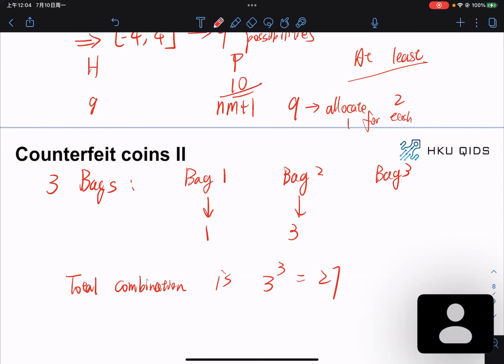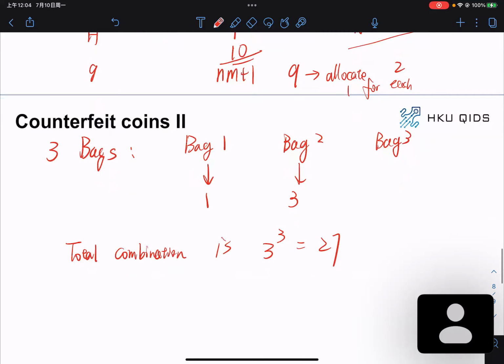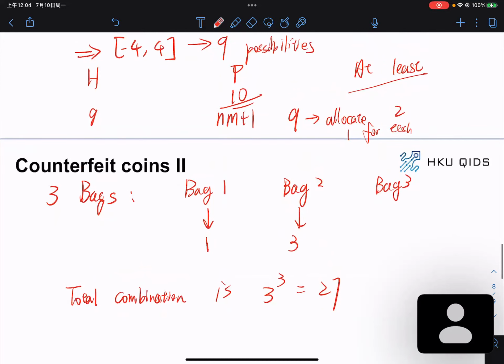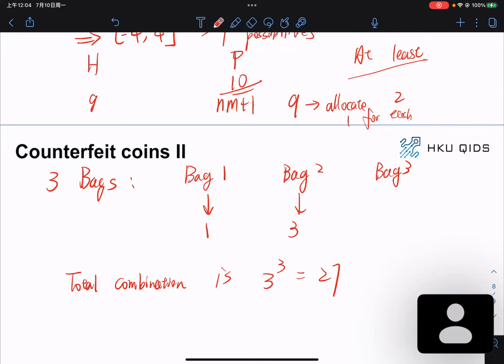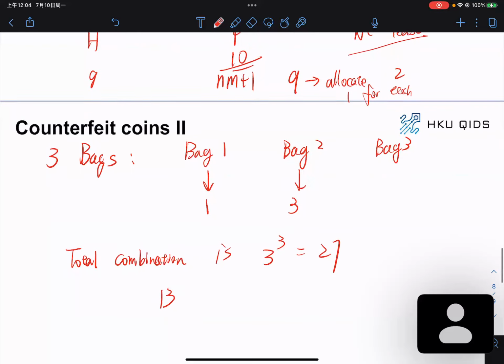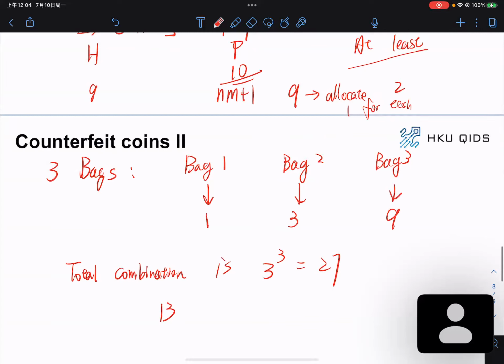So we need to be larger than 27. How can we do that? Again, the thing is that we wanted it to be 13. So we want to take 9 from the third bag, which is 3 to the power of 2. And maybe you can see the pattern right now.